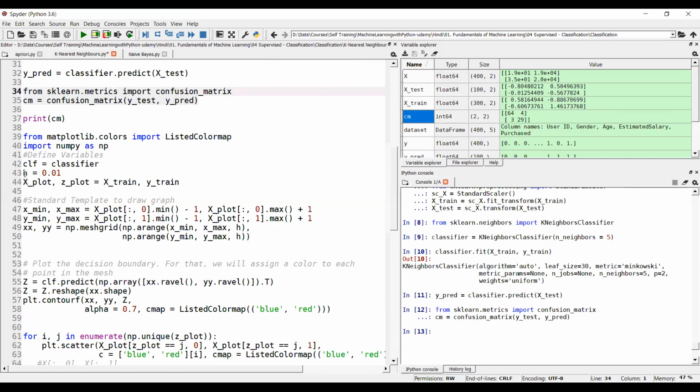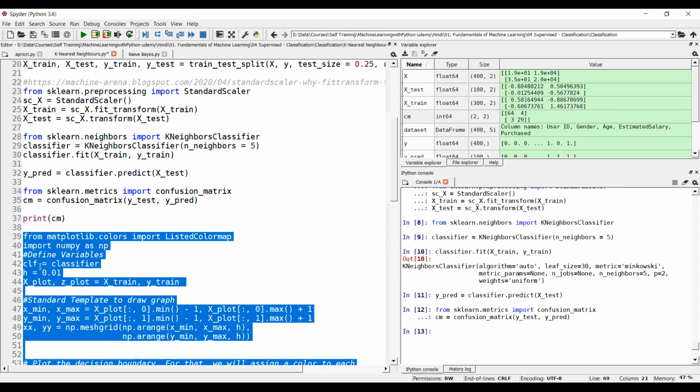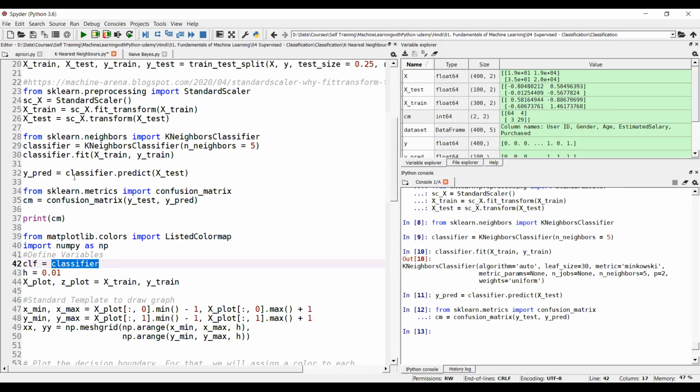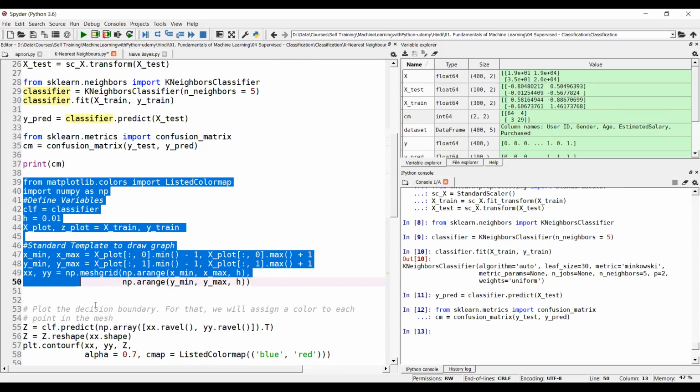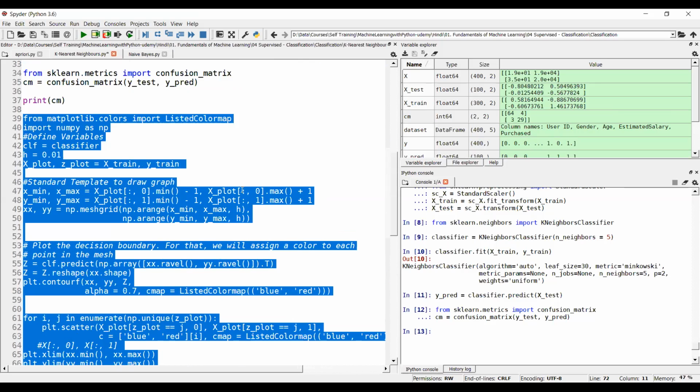The code is the same for both. We just need to put our classifier here, and we are using the same thing, so there's no need to reassign this. So we'll just run this code, till here, on our training set.